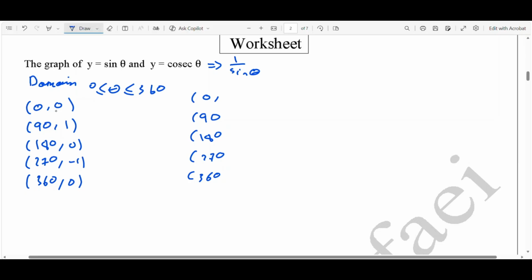So 0 over 1, flip it, 1 over 0, it will give me a math error. And in this case, I will have an asymptote line. Continue. 1, 1 over 1, it will be 1. 0 over 1, flip it to get cosecant. Also, it will be a math error or asymptote.